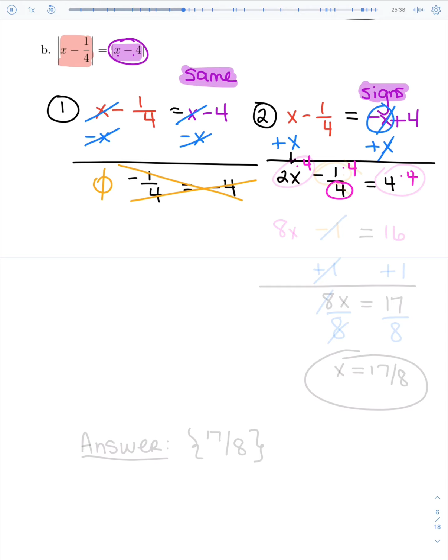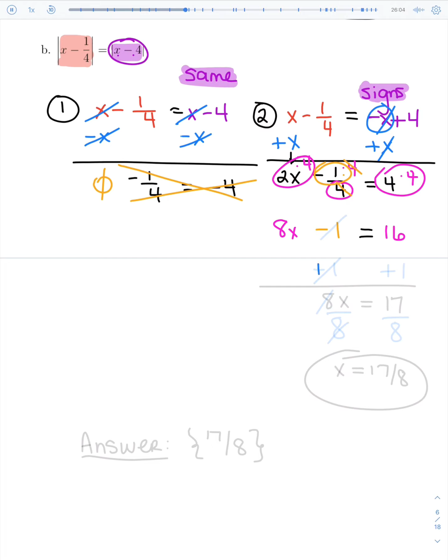What that will do is turn my 2x times a 4 into an 8x. On the next piece, by multiplying by 4, it actually gets rid of the fraction. It will cancel out the 4s, leaving you with just the negative 1. And on the other side, you still have to multiply the other side by 4, which gives you 4 times 4, which is 16.